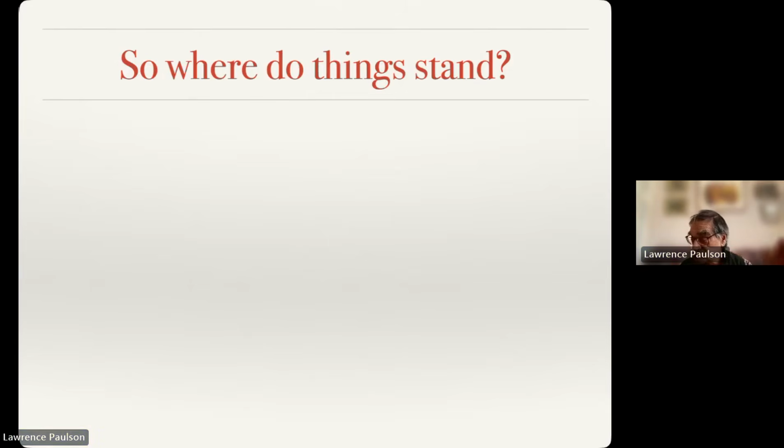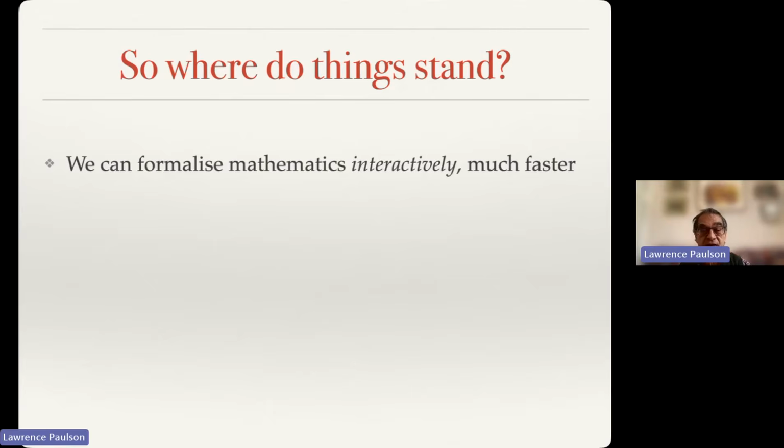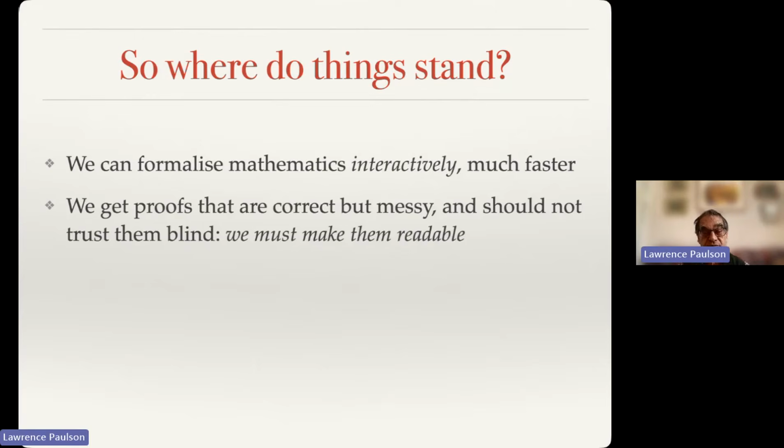So where do things stand? I don't want to make predictions, as the field is moving so rapidly, it's insane. But it is clear that we can continue as we were doing, working interactively, but faster. If we get proofs done for us, they are messy proofs, and we should make them our own.